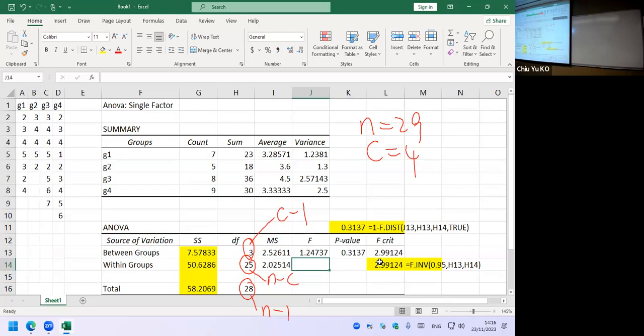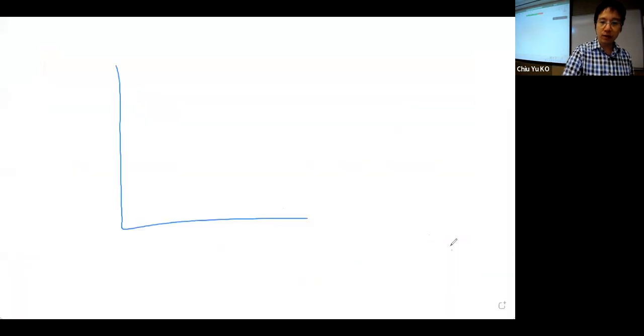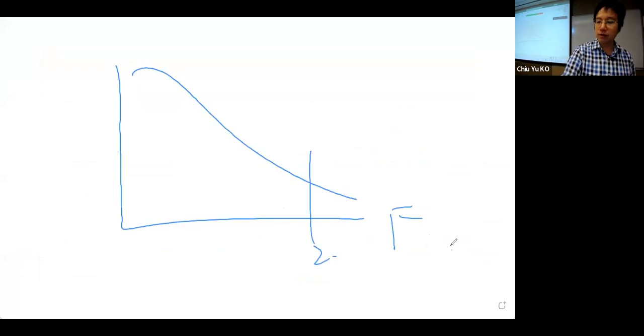So if the p-value is less than 0.05, then you reject. Or if the F, which is column J, is more than column L, then you reject, because it's an F-test. Remember the F-test is like this. Maybe I'll draw here. The F distribution is like this, you have 2.9-something, and this is 5%.